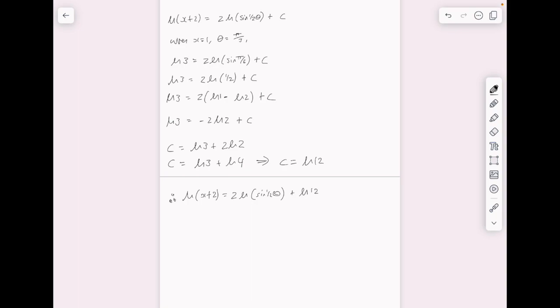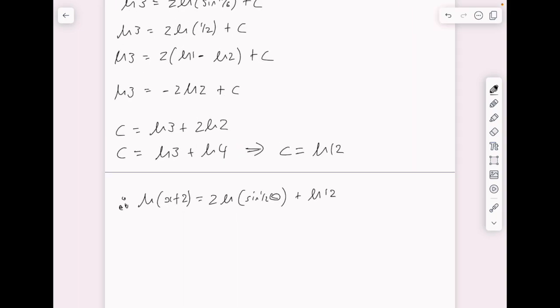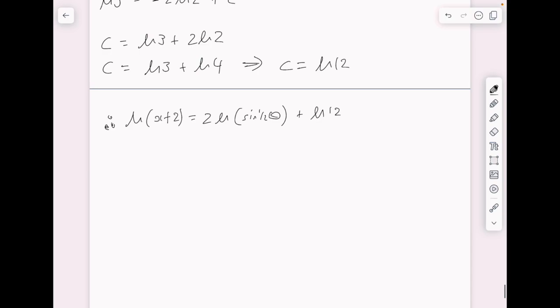Now from here, guys, we have to ask ourselves, what is sine of a half theta going to give us?